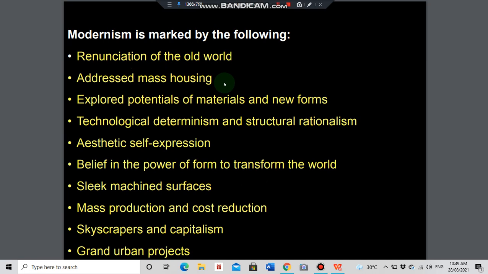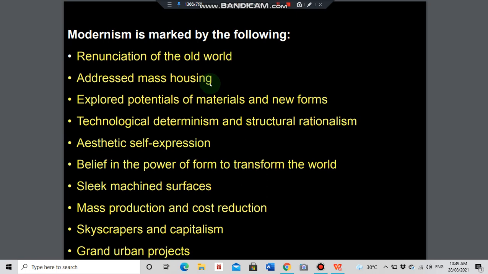Madali mo siyang i-multiply yung mga bahay because of the mass production of materials. No? Mas madali. Hindi katulad nung unang panahon o old world that yung materials handmade. Gagawa ka ng mga natural stones, talagang sisinsilin mo pa siya mano-mano.